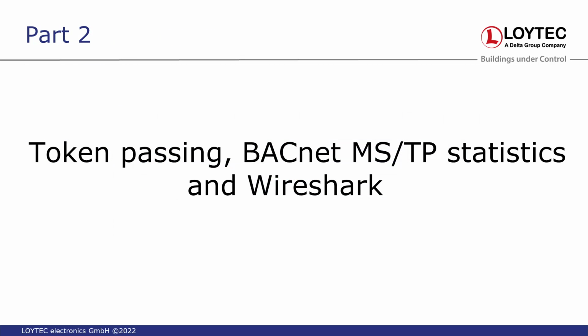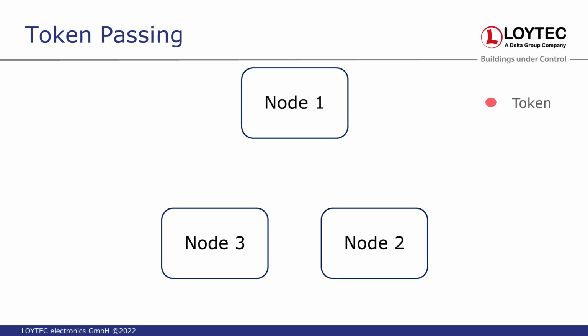Part 2. Token passing, BACnet MSTP statistics, and Wireshark. Token passing. We will now take an in-depth look at how the token passing in BACnet MSTP is working. The technology uses tokens to allow master nodes to communicate.